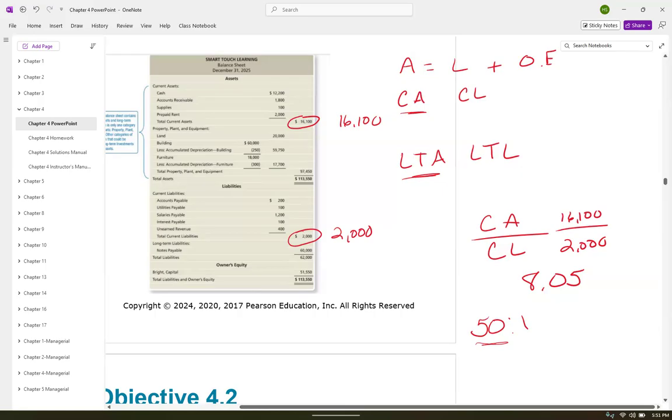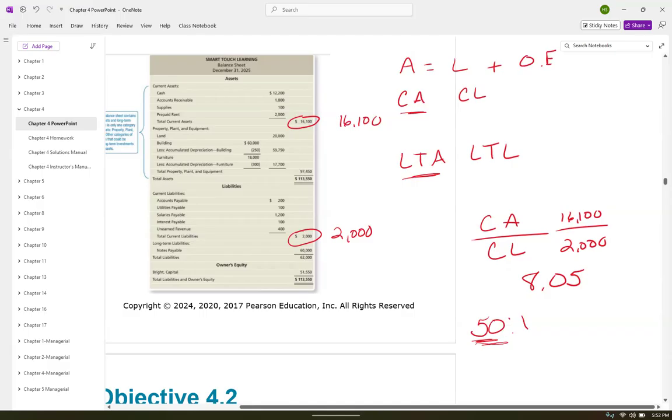It would be the equivalent of me and you winning the lottery and putting every bit of that money in our checking account. If we did that, we're going to spend it, right? It would be better for us to go buy a building, go buy something, put it in something to invest long term because it's going to make us more money. We're not making a lot of money off of that extra that's in the current assets. So I would argue that it could be too high.